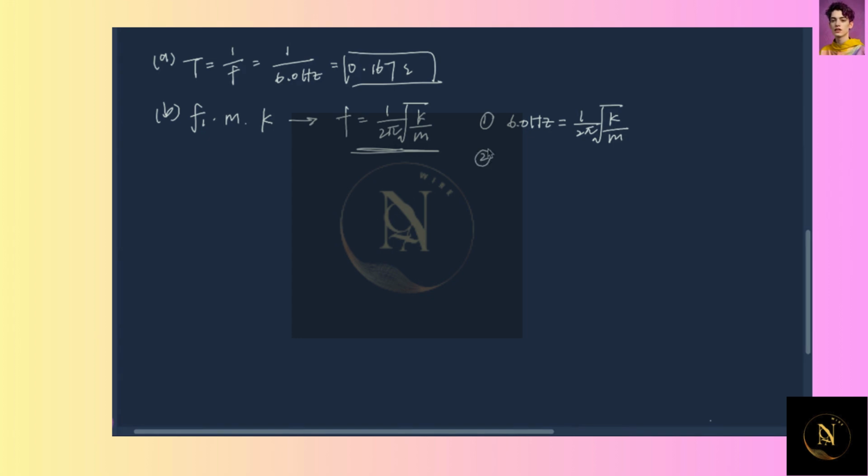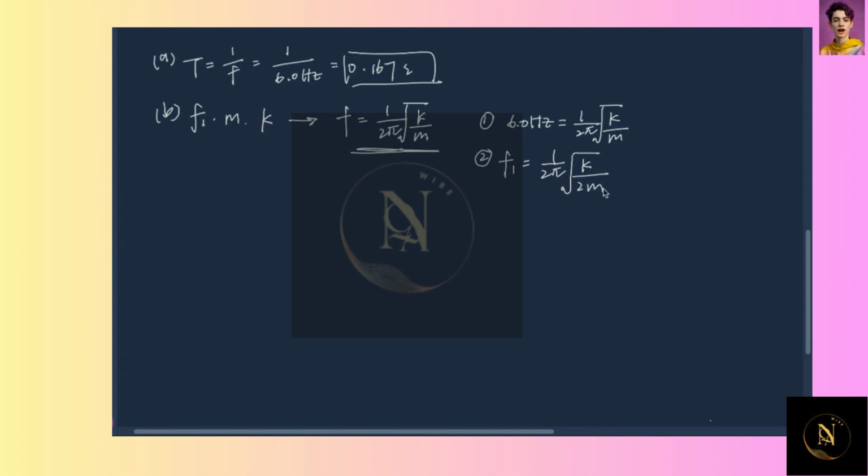And now we have a new frequency that we are asked to figure out. And we say that it's f1 equals 1 over 2 pi. Now we know that the spring constant is the same, but we have a mass that's twice before, so we will say it's 2 times m, because m is the original mass of the cart.